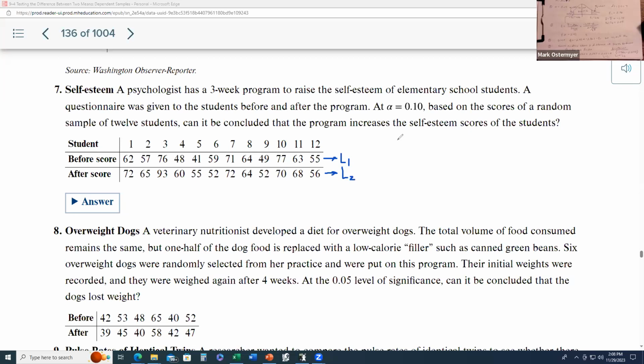What is our hope here, ladies and gentlemen, if I do L1 minus L2? Do I want these differences to be greater than or less than 0 if we want this program to work for the kids? What do we want L1 minus L2 to be? Greater than 0 or less than 0 or equal to 0? What do you think?